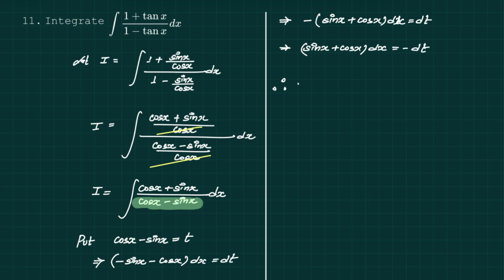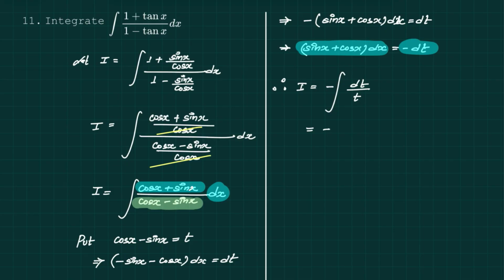Therefore, the integral I will be equal to integration of, here cos x plus sin x into dx from here is minus dt. So we will write minus at front and dt at the numerator divided by the denominator t. So this equals minus log of t plus c, equals minus log of, replacing t, cos x minus sin x plus c. So this is the answer.